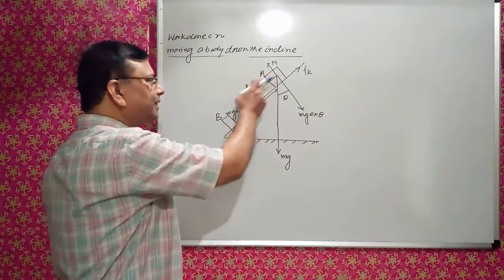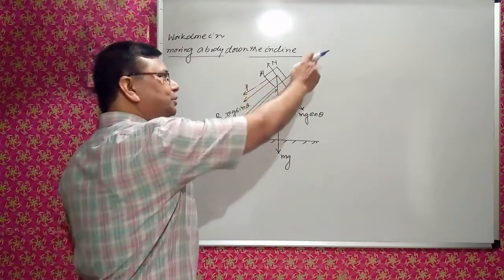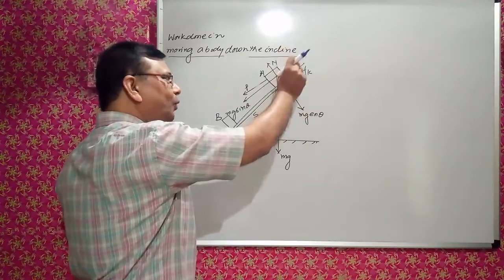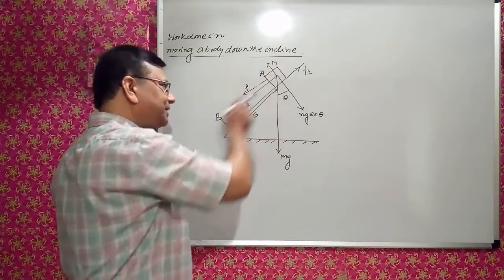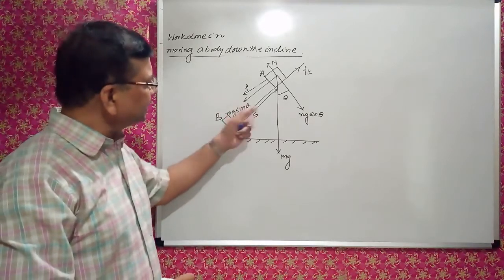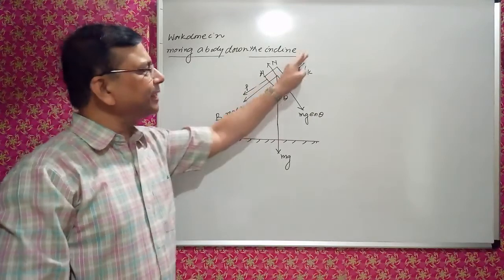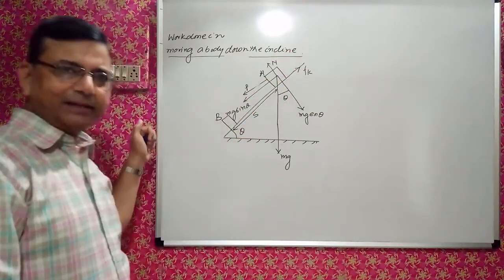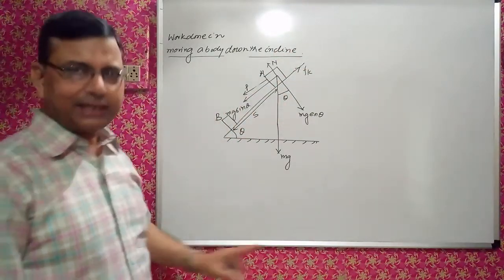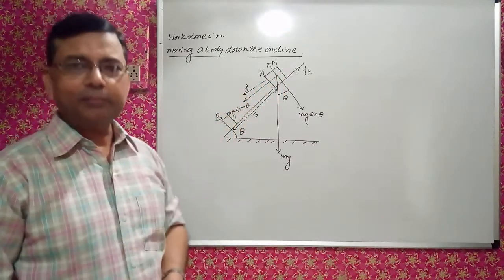Since external force is required to move, it means this kinetic friction is more than the gravitational force along the inclined plane. Means the net force, that is Fk minus mg sin alpha, is acting upward, and an equal force is applied so that there will not be any acceleration in the mass, and it will come down with constant velocity. Then what will be the work done?